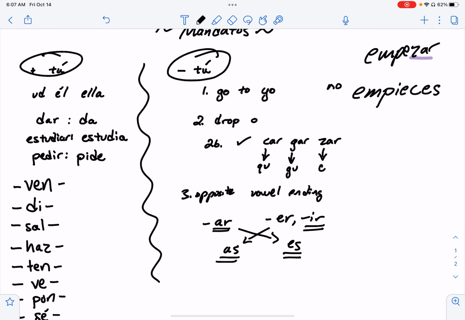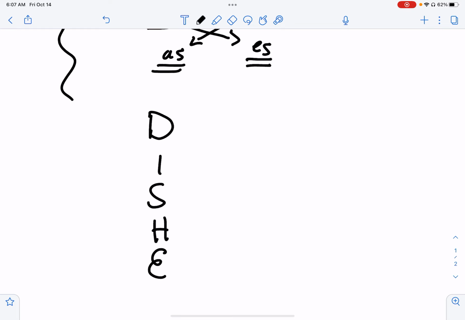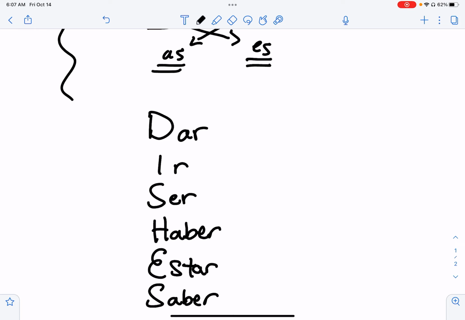But when it's a negative tú command, the irregulars are totally different. You have to memorize them either in the acronym DISHES or by rhyming.